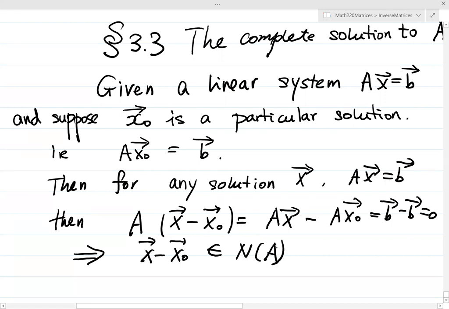So this is why the null space is so important. It controls the structure of the solution of this linear system.